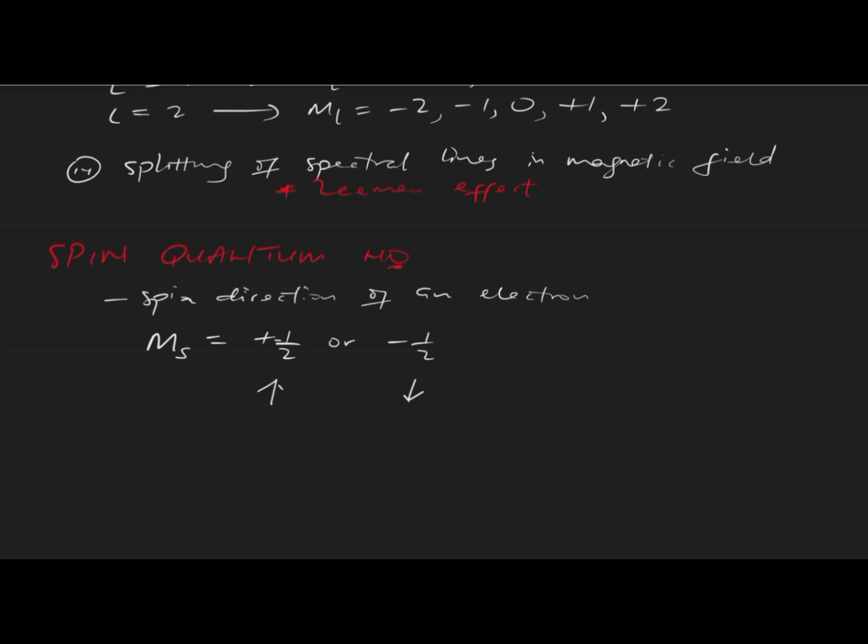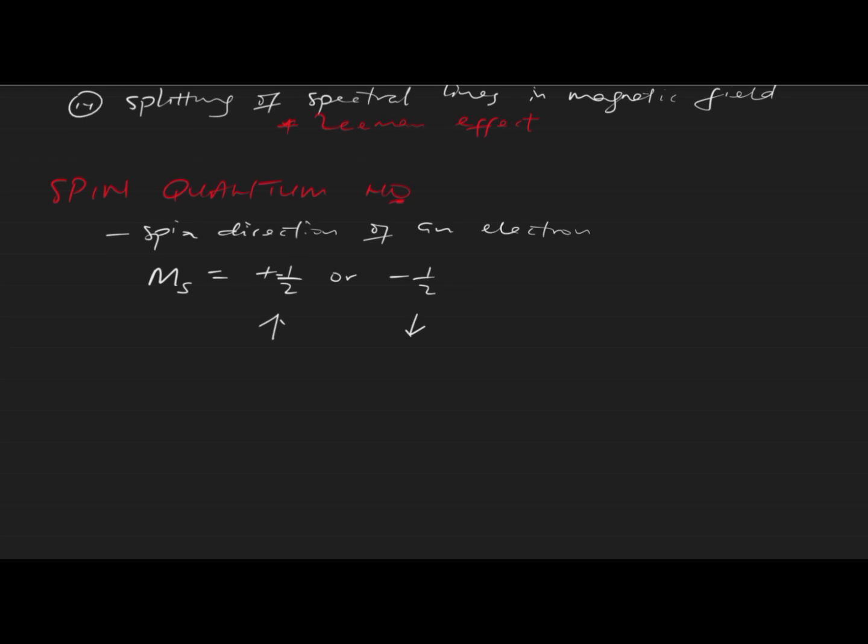And lastly, as I end this video, we can also calculate the number of orbitals in a subshell using the formula 2l plus 1, right?